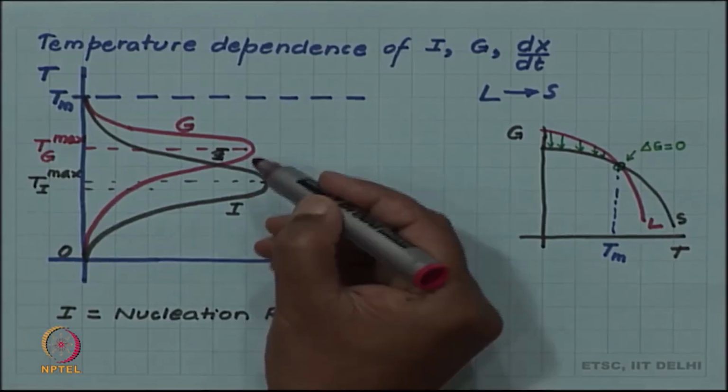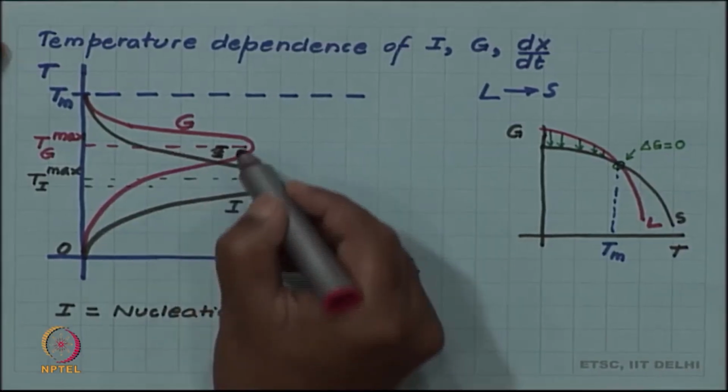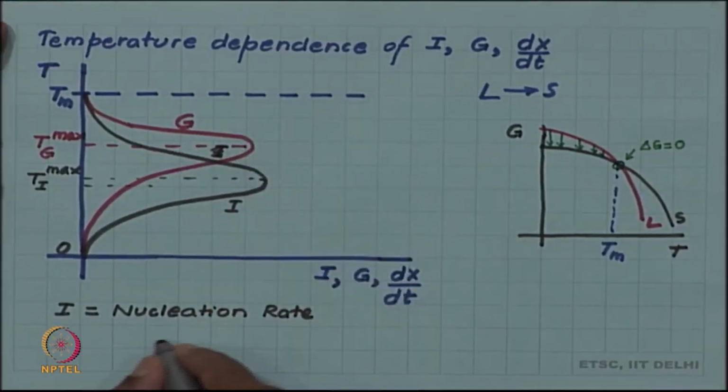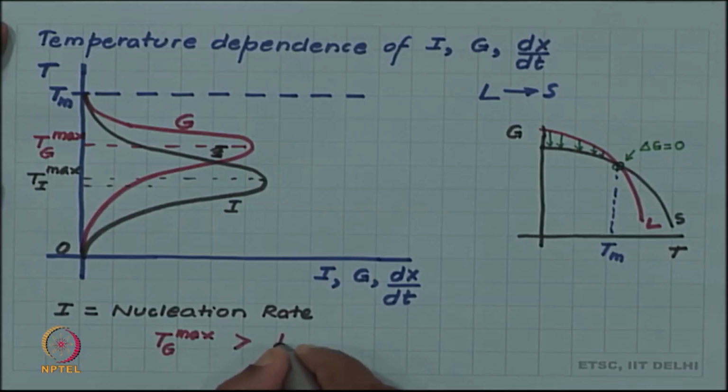And we will not get into details of this, but for most systems it is found that Tg max, the growth rate maximum, happens at a higher temperature than the nucleation rate maximum. So, this we will take for granted that our system has this property.